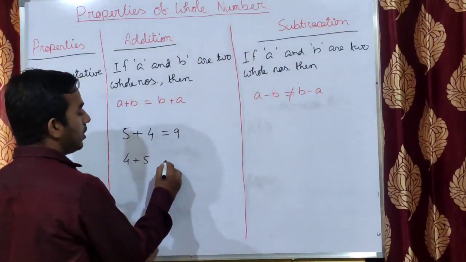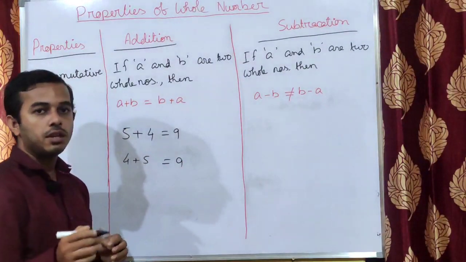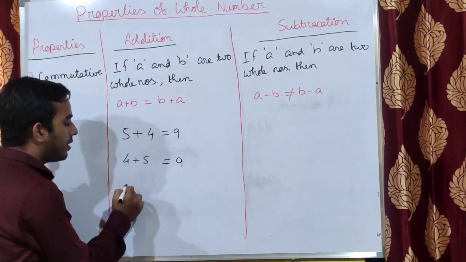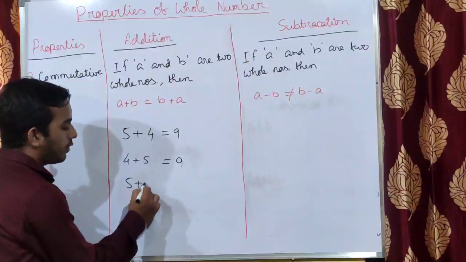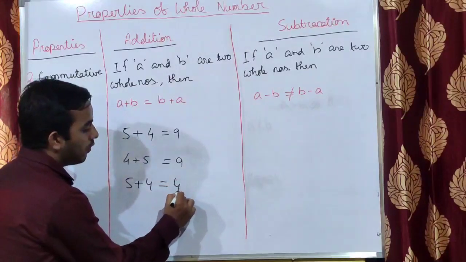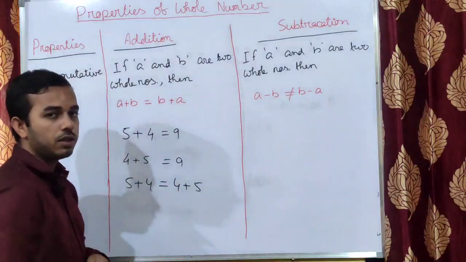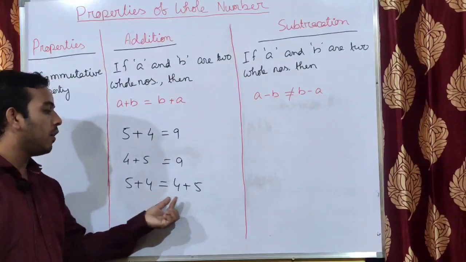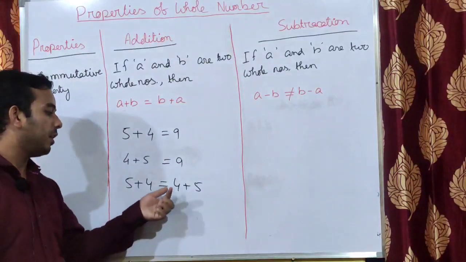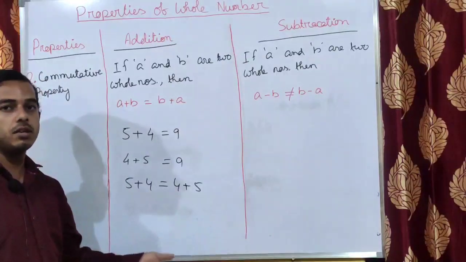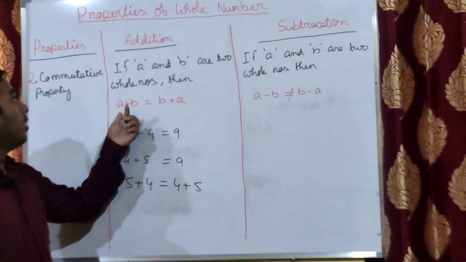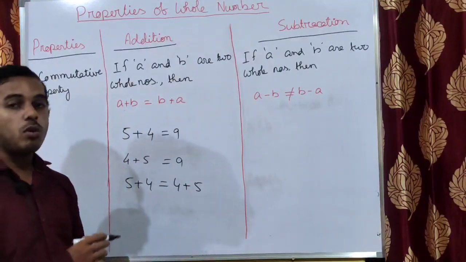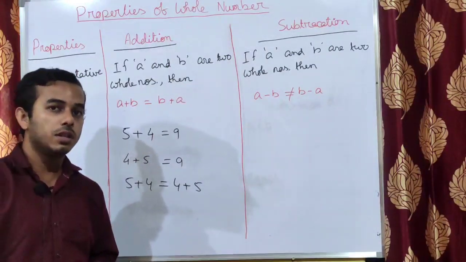The result will also be 9, right? So can we write this as 5 plus 4 equals 4 plus 5? Yes, we can write, because 5 plus 4 is 9, 4 plus 5 is also 9. That means 9 equals 9, right? So this is the commutative property of addition, right?